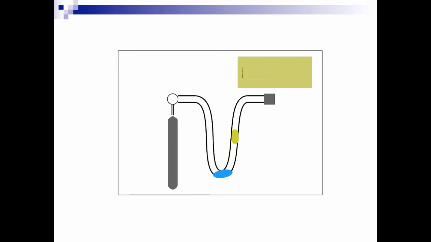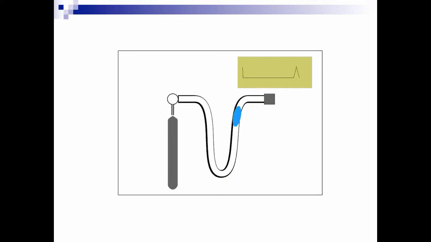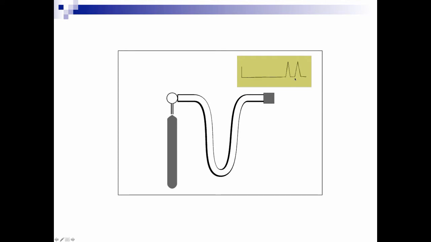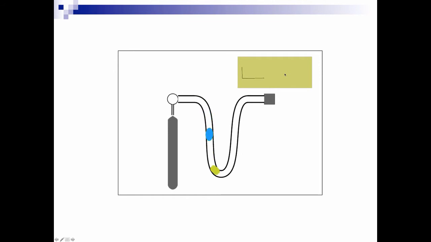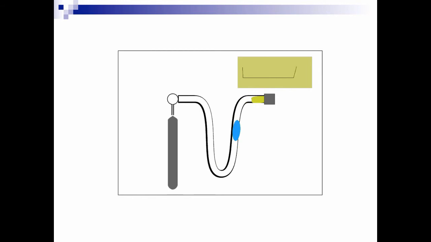And as it passes through the column into the detector, represented by the gray box, the detector then plots signal recording against time. And as you can see here, the first peak represents that of the yellow dye, while the second peak represents that of the blue dye. The area under each peak is proportional to the relative concentration of each particular dye, and as you can see on this chromatogram, the 2 dyes have an almost equal relative concentration.